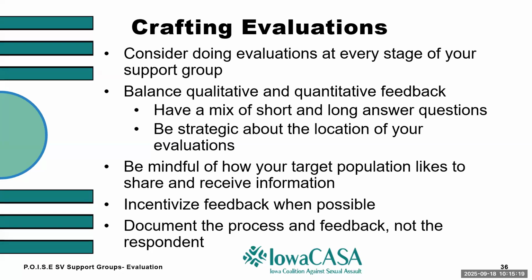Particularly for a sexual violence support group, it might work better to do your outreach for an evaluation by calling the people who are participating, by doing it at the end of the group, or by sending out an email directly to the participants. But you all know your communities best, so pick the evaluation that will work best for you.